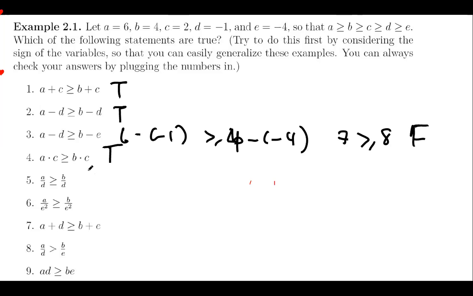But for number 5, D equals -1. So if we do division, it would actually flip the sign. And that means that A divided by D is not actually greater than or equal to B divided by D. So this one is false.